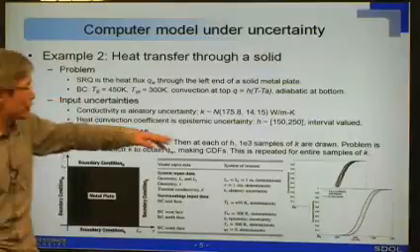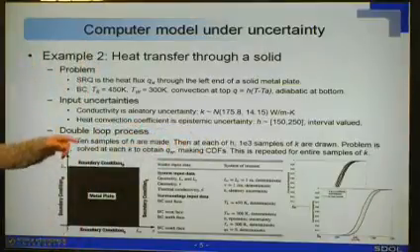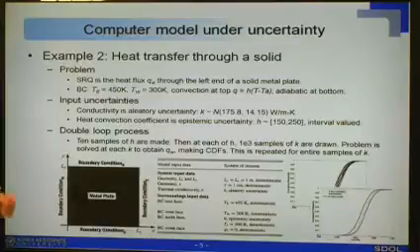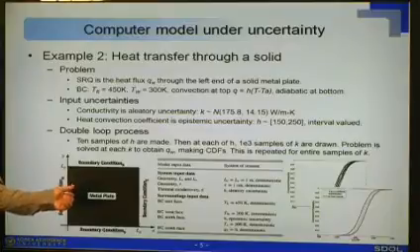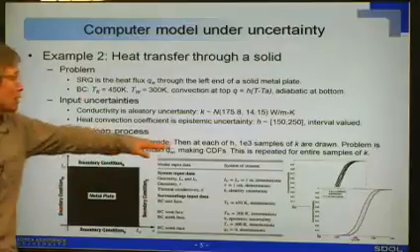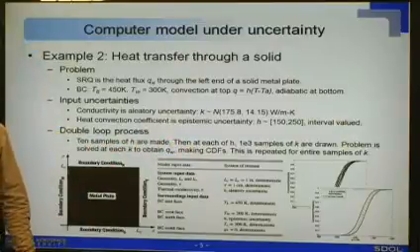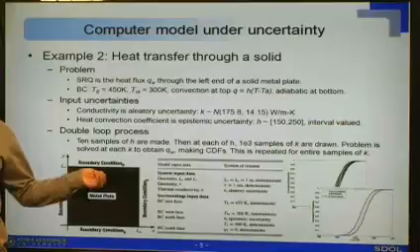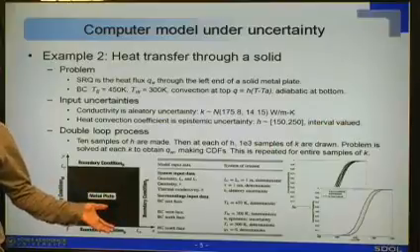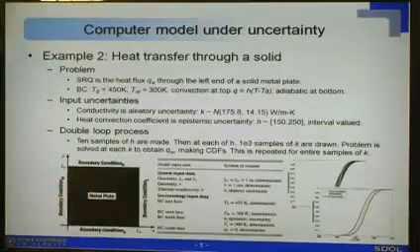In that case, 1,000 samples of K were made. So 1,000 solutions should be made for this, and on top of that, we have 10 samples of H. So the grand total will be 10,000 analyses.